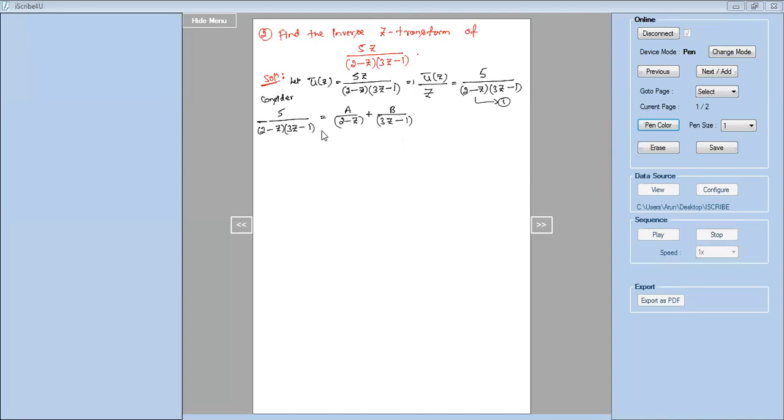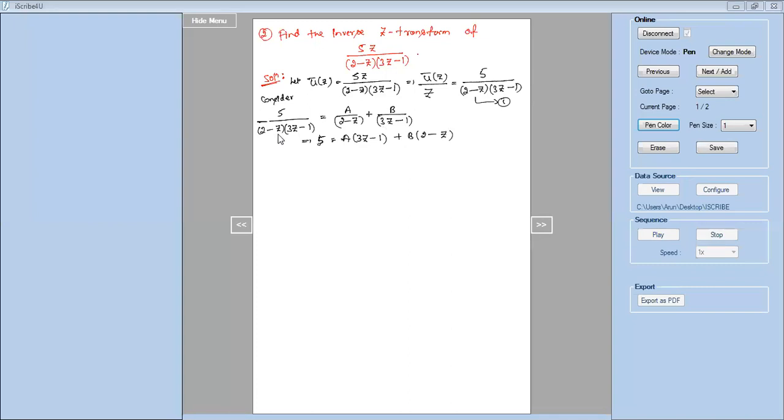Now let us find A and B. So let us take LCM, equate the numerators. So straight away I can write 5 equals A into 3z minus 1 plus B into 2 minus z.